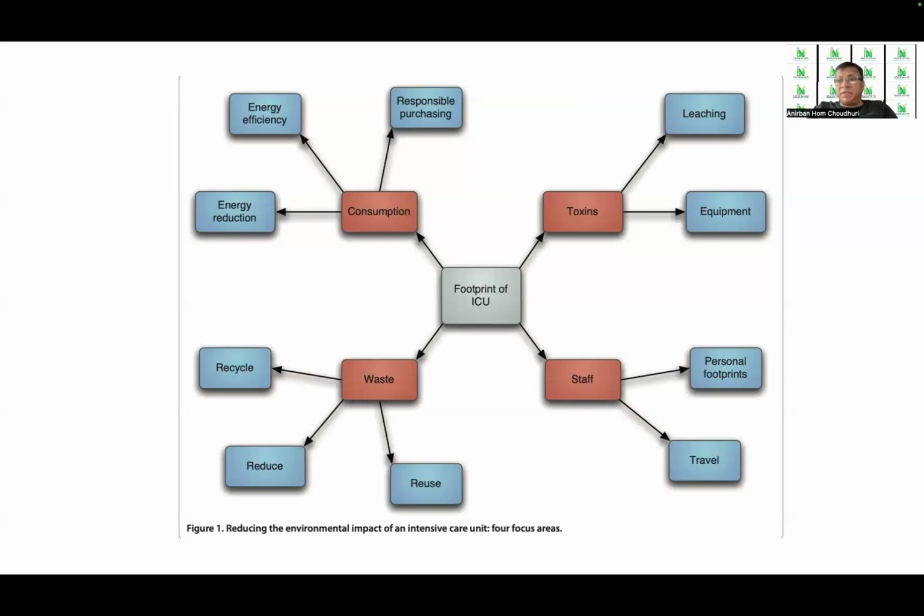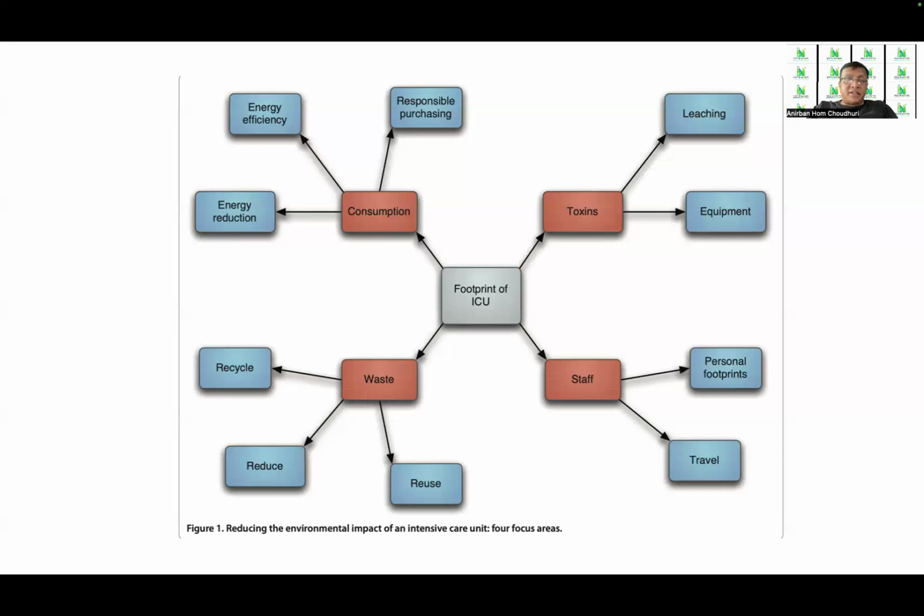It's a simple suggestion, a simple act, but even that is very useful. If the staff is bringing food for their tiffin, it should not be packed in polythene bags, etc., so that it cannot leave an ICU footprint.